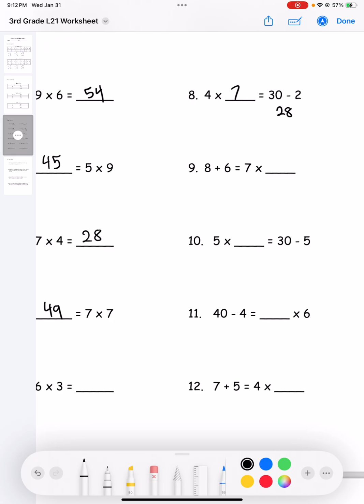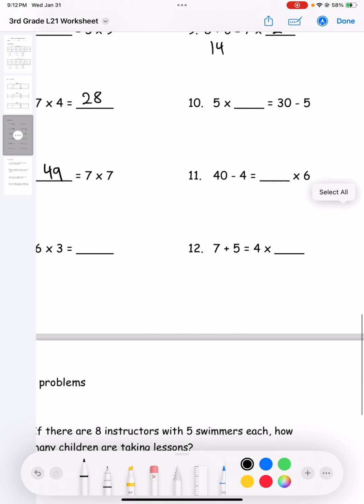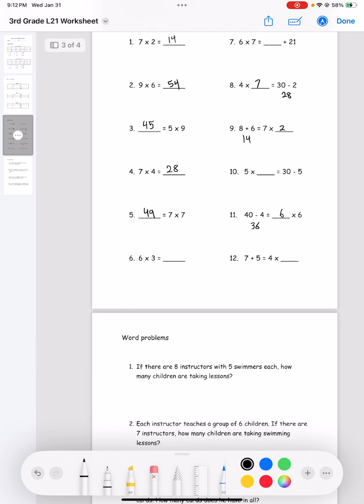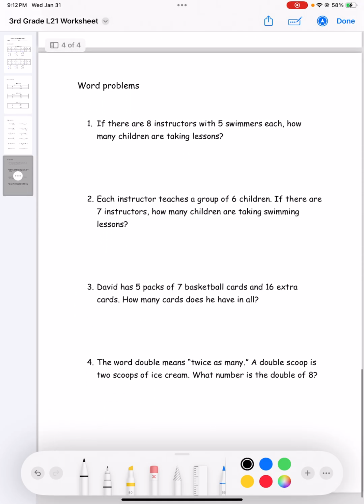What is 8 plus 6? 8 plus 6 is 14, so 7 times 2. Let's skip to number 11, 40 minus 4, which is 36 equals what times 6? 6 times 6. Okay, now we're gonna do word problems.